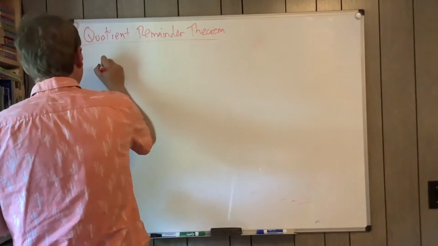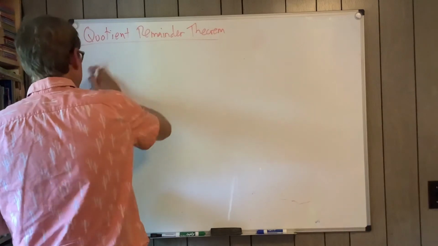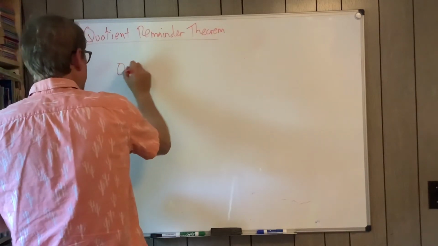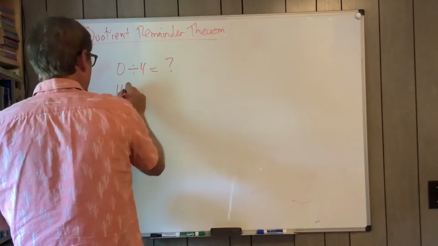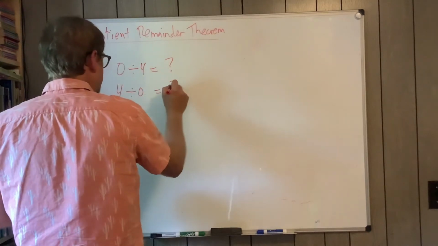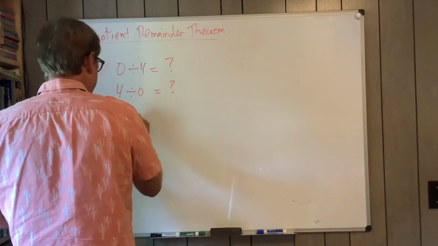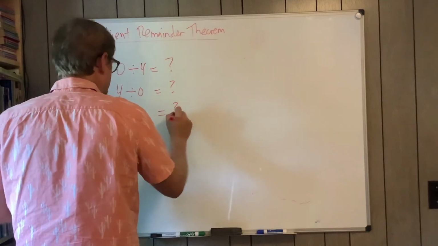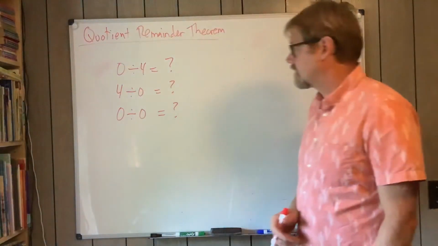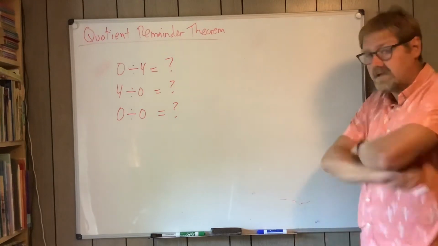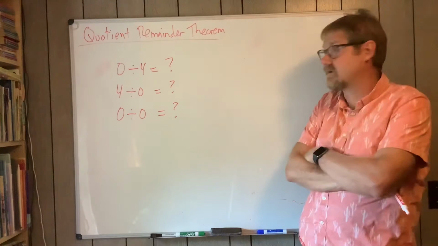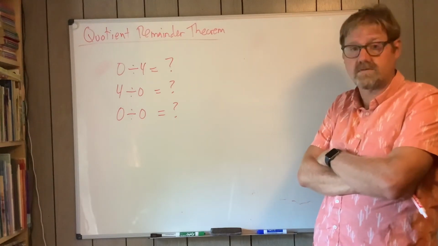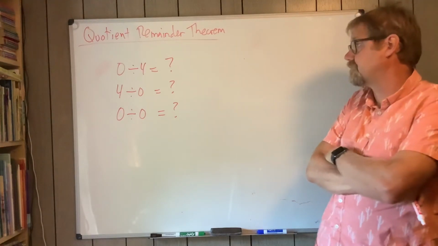I'm going to say 0 divided by 4 equals something. 4 divided by 0 equals something. And let's also do 0 divided by 0 is something. These are often mixed up. So I want to just talk about them.